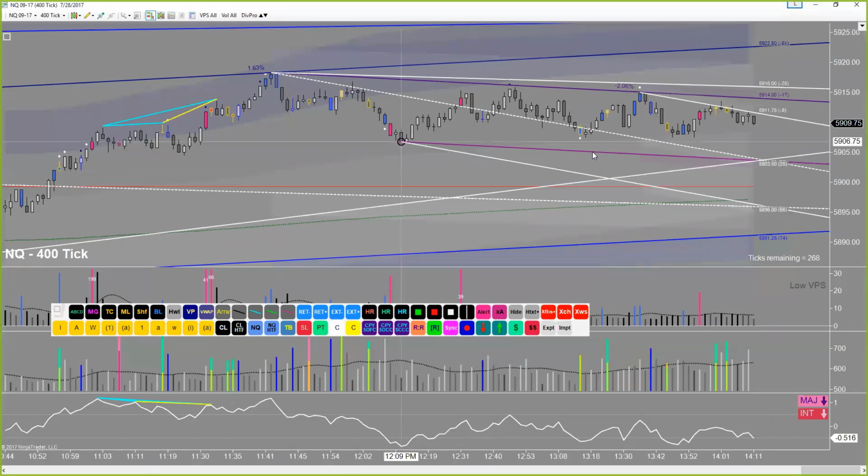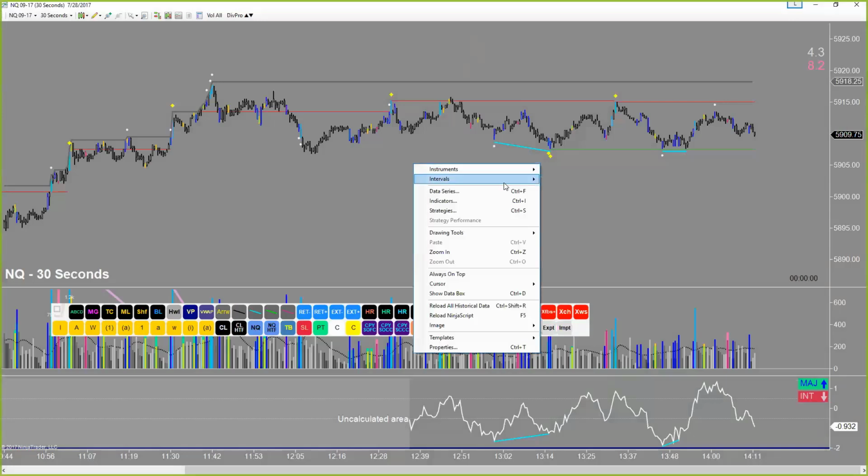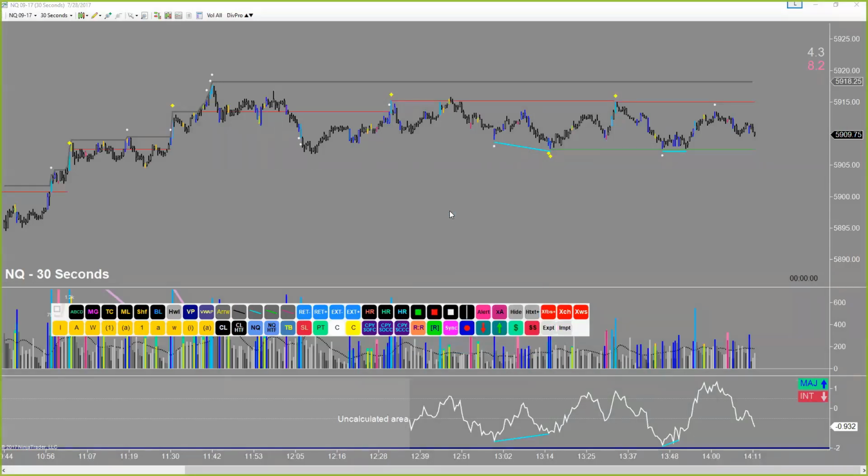So I'm using width of the channel, and it's set to about 12.5%. Basically, when the market moves through that little opaque area, you would consider that area no longer valid.